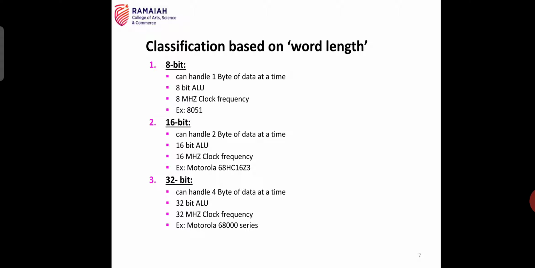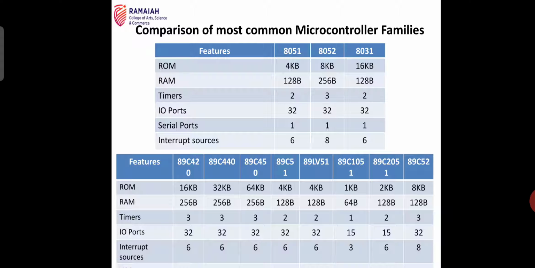These are the features selected to compare these 51, 52 and 31 families. We can observe that the 51 has 4 kilobytes of program memory, the 52 has 8 kilobytes, and the 31 has 16 kilobytes. And RAM capacity, that is data memory capacity, is 128 bytes in the 51 and 31, and 256 bytes in the 52.